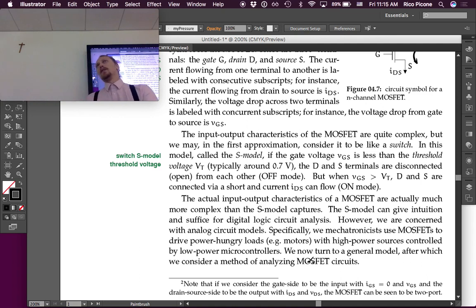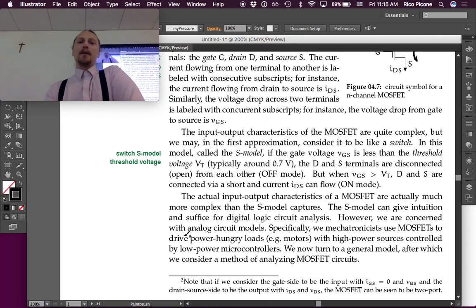We can build some logic circuits that are pretty cool, like OR and AND gates and stuff like that. But we aren't going to get into those. They're really cool, but we just have one semester, so we just can't do all of it. However, we are concerned with analog circuit models mostly as mechatronicists.